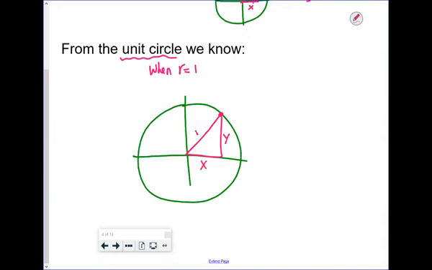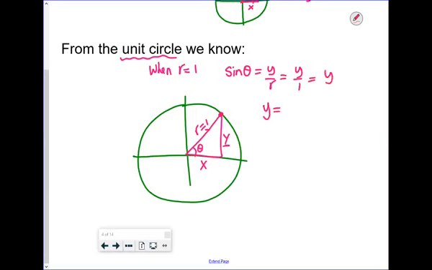If that radius equals 1, we know that the sine of this angle is equal to the opposite divided by the hypotenuse. When the radius equals 1, we know that the sine of an angle is y divided by r, so it's y divided by 1 equals y.